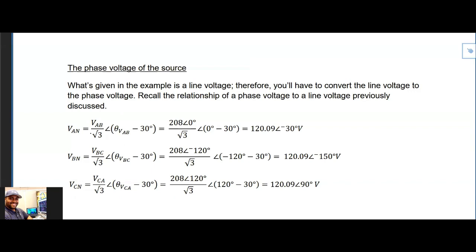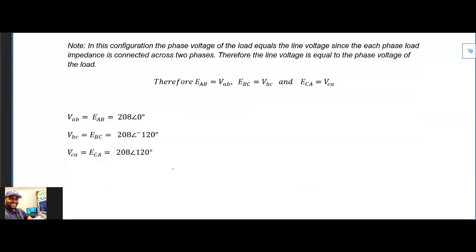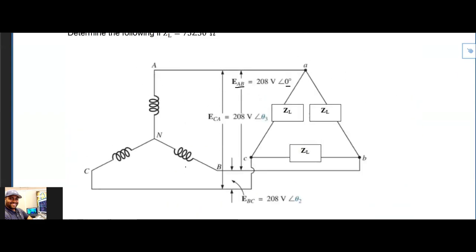And so we're just going to use that same equation that we once used before with a Y to Y configuration to calculate the phase voltage of the source. And so recall, what's given in this particular example is the line voltage. We don't know what voltage is across the phase, I mean, each phase of the source.